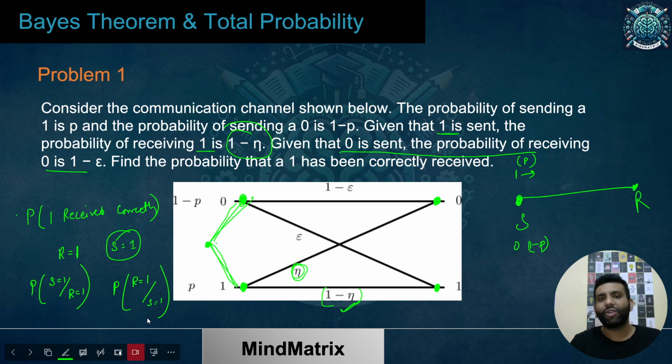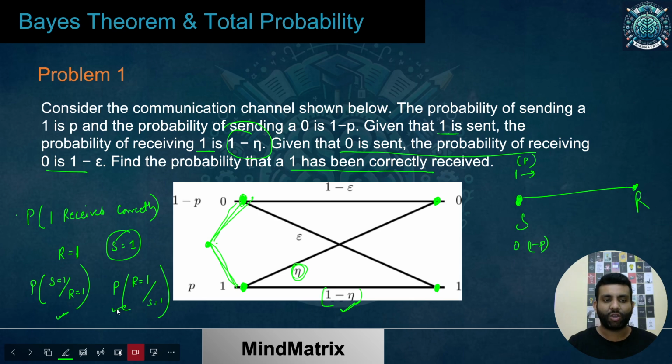That we already know. What we don't know is, if I have received one, what was the probability that one was sent? And this is the exact probability I'm looking for, that one has been correctly received.